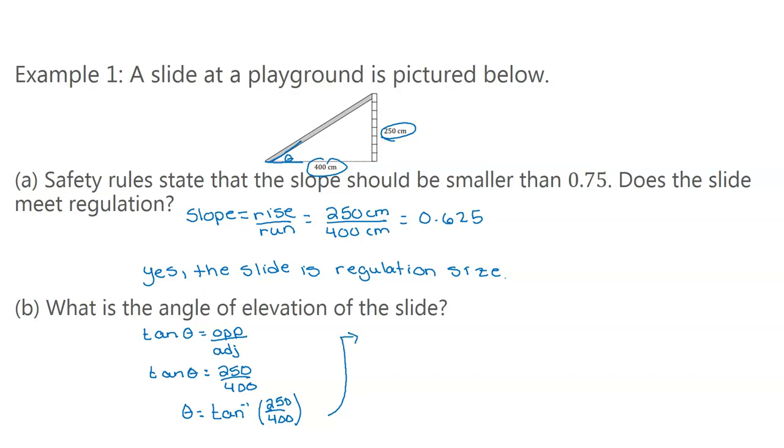So put tan -1 and 250 divided by 400 on your calculator, and you should get 32 degrees by the time you round it. It didn't tell us what to round to, so we'll normally round to the nearest whole number when we're finding angles. Now if you didn't get 32, then make sure your calculator is in degrees.